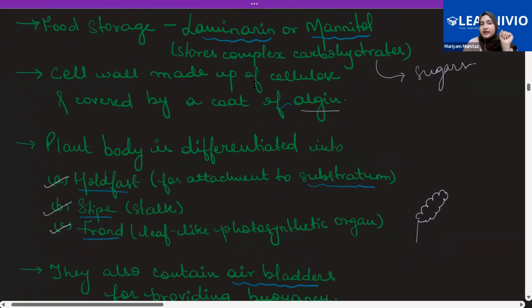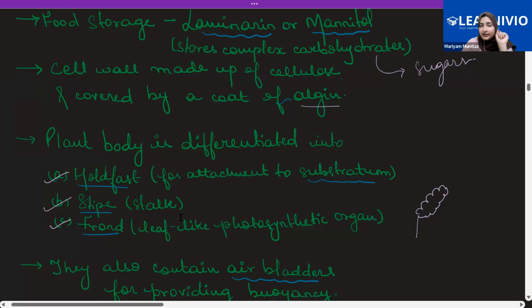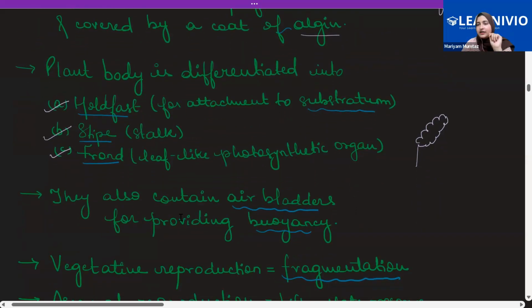Now, in them, the cell wall is made up of cellulose, and instead of pectin, they have algin. Remember, Chlorophyceae had a pectin layer, but now they are covered by a coat of algin. Now, in them, the plant body is a little bit differentiated. Apart from being a thallus, you can find a little differentiation.